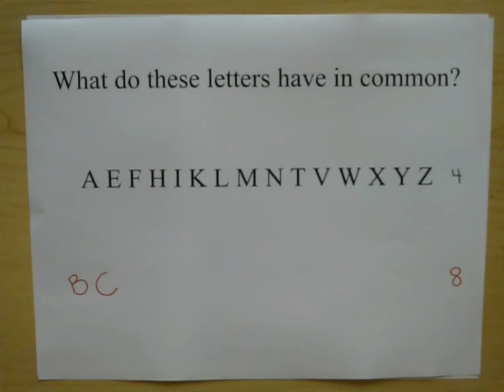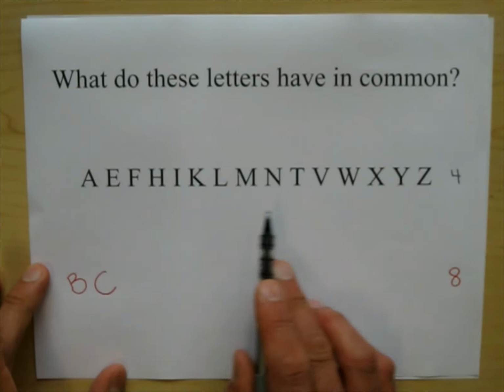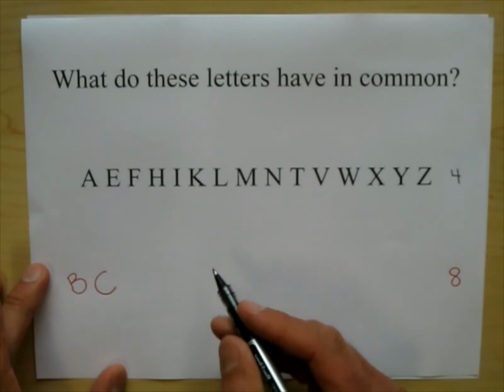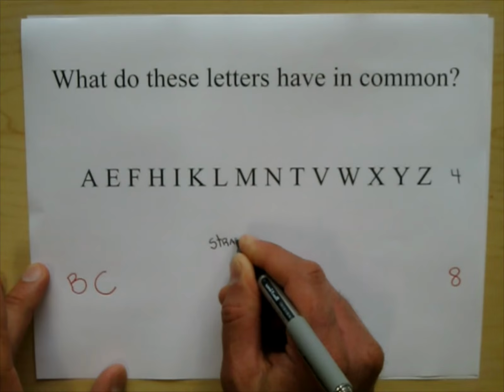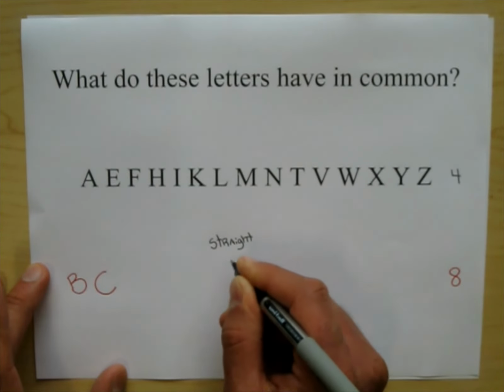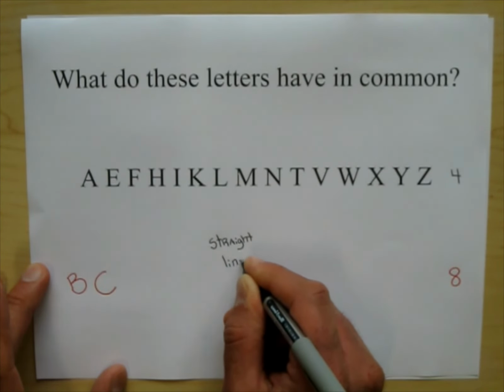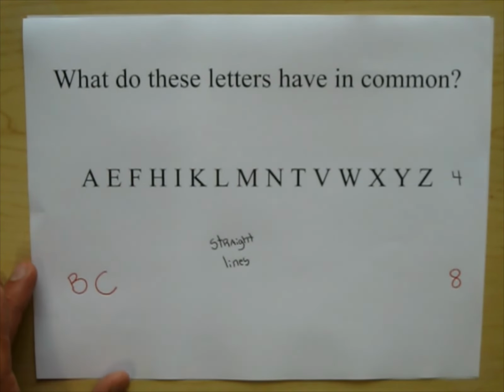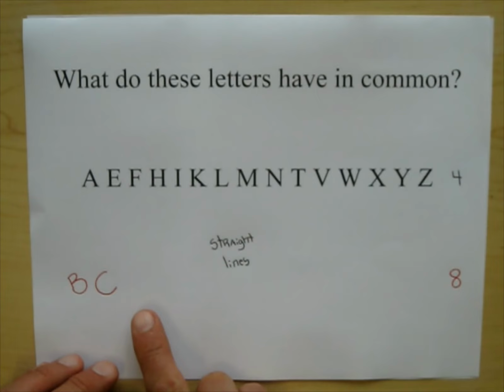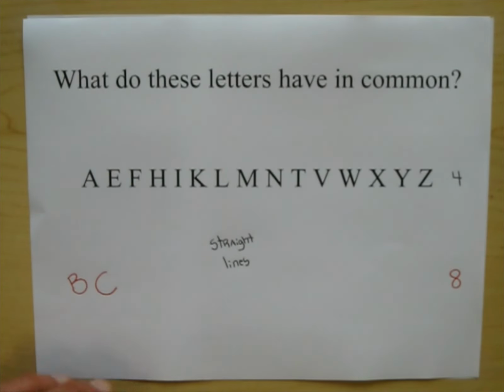So the deal with this puzzle is what these letters have in common is they're made up of straight lines. I really should say straight line segments, but I'm lazy, so straight lines. So straight lines make up all those letters, and any other capital letter that I can think of, even the letter D, they have curves to them.